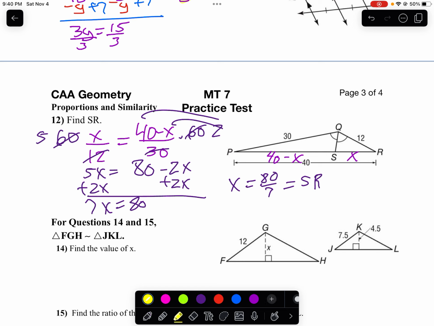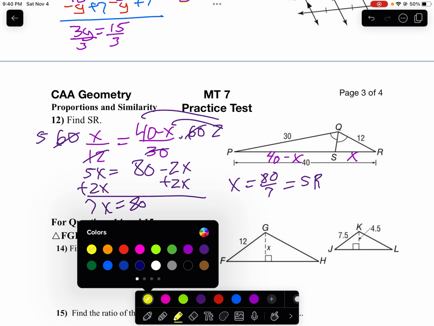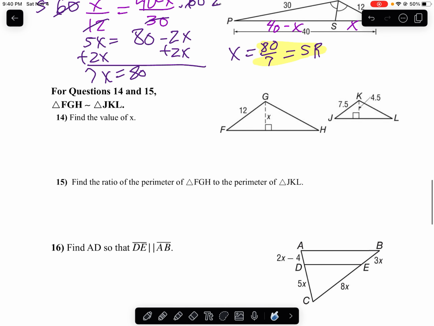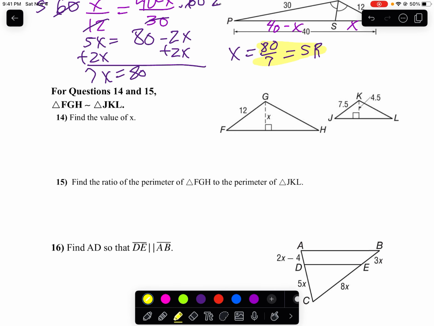And there's our answer for question number 12. Okay, in question 14, notice we have similar triangles, and I want to find the value of x, which is an altitude of G to H. Well, remember, your altitudes are proportional if the triangles are proportional.